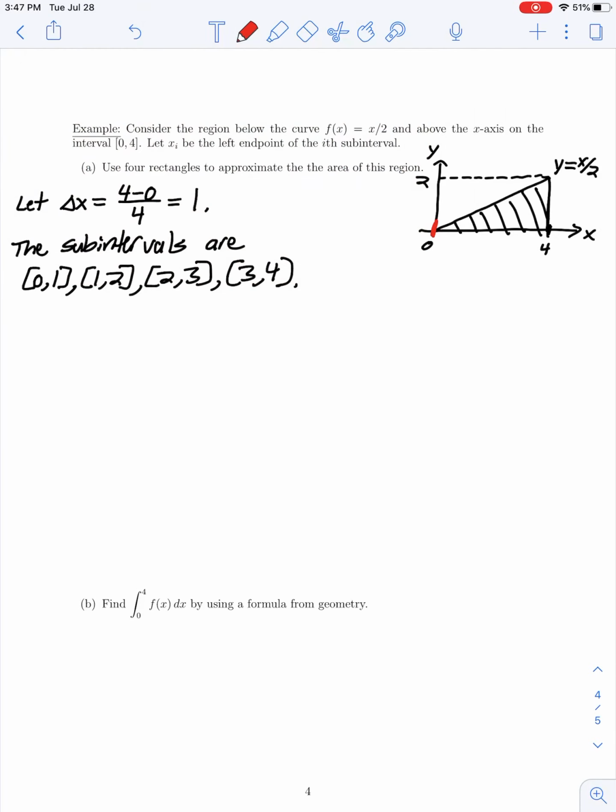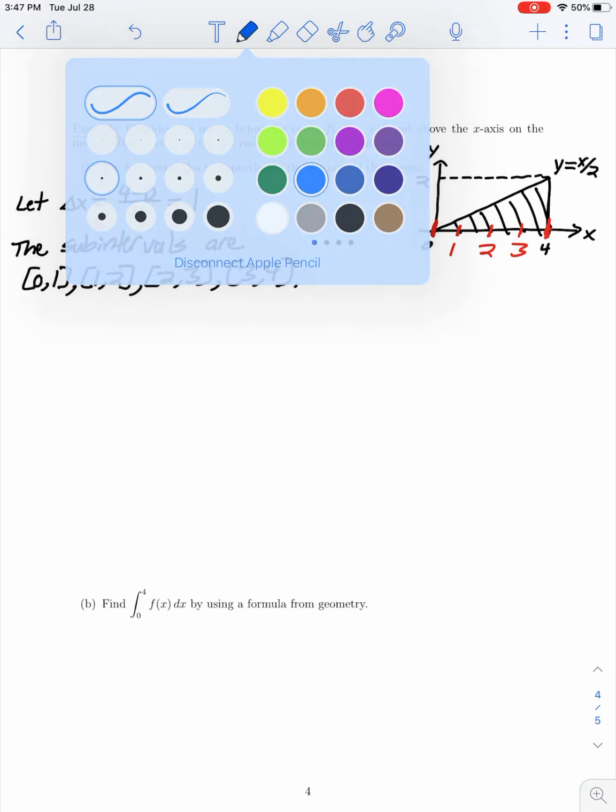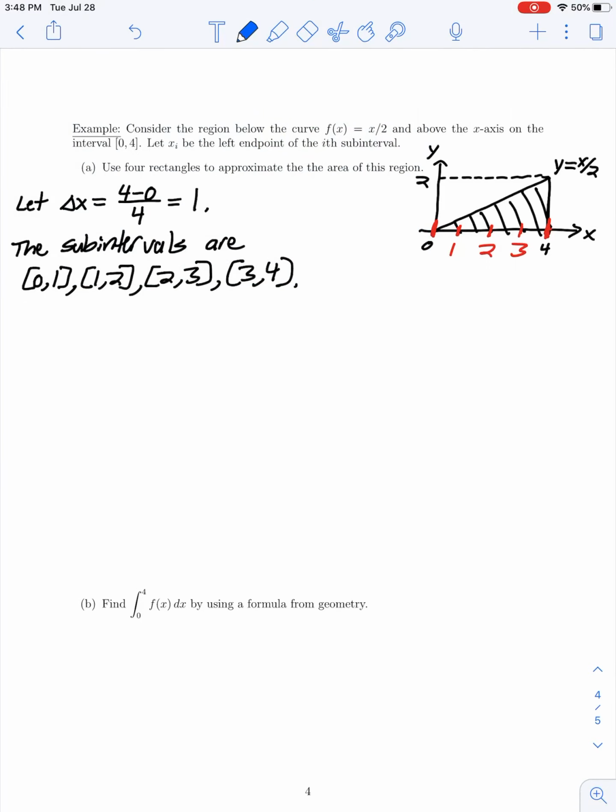So here we're taking our interval from 0 to 4 and dividing it into 4 equal subintervals, each of length 1. And we're told again to let x sub i be the left endpoint of the ith subinterval.